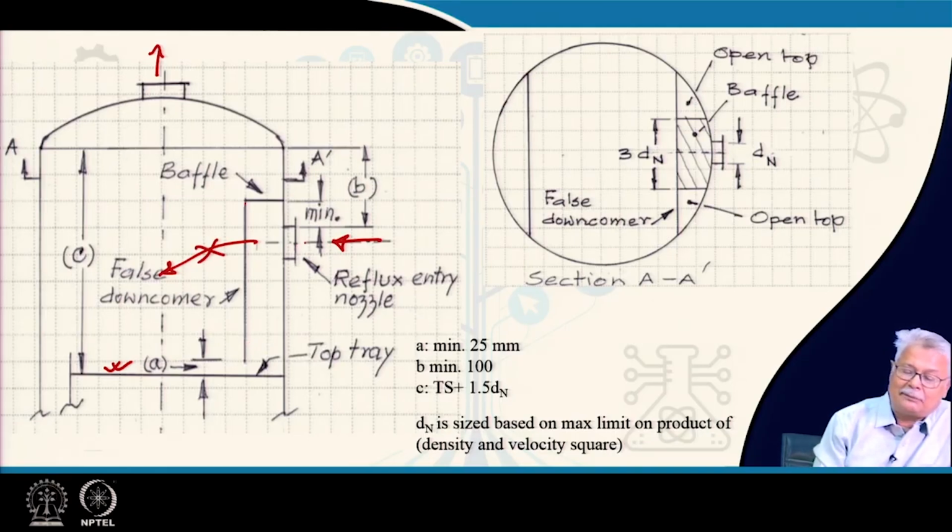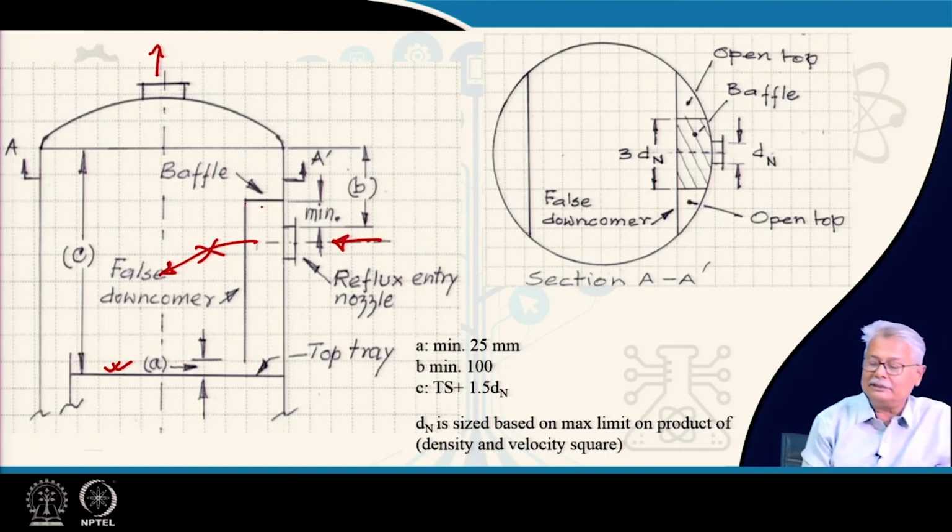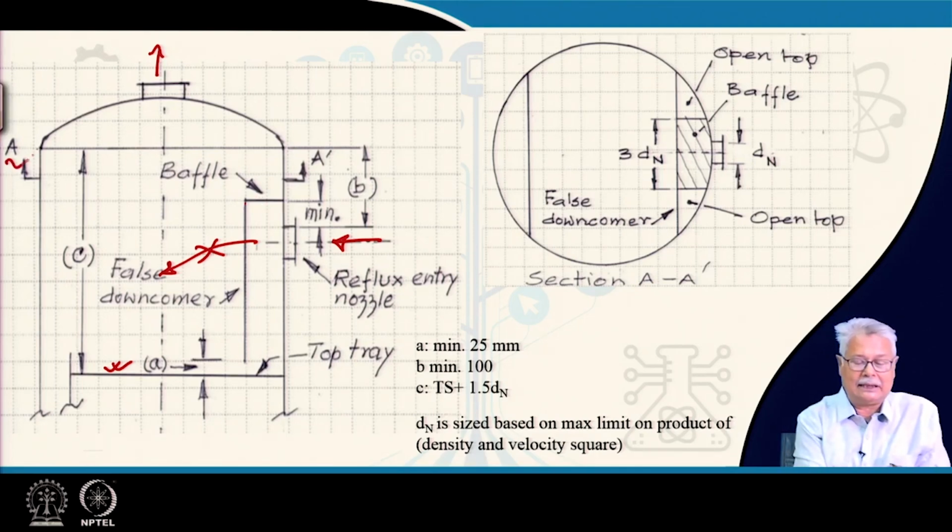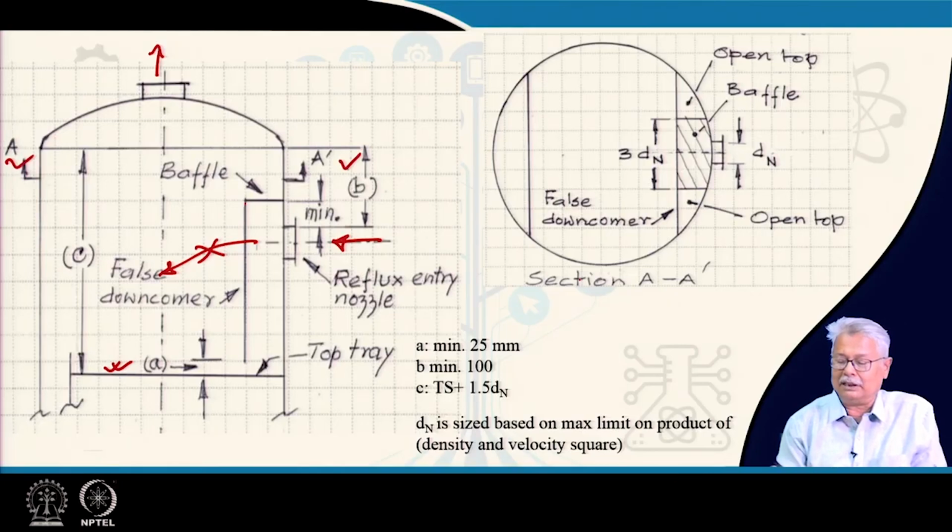Now, there may be some amount of vapor which will be entering, for which I have to keep some space. So, the top of this is not fully covered. If you look at the section at A dash, which is drawn here, this is the same nozzle. The liquid enters, only the top section here, only this much has got a roof.